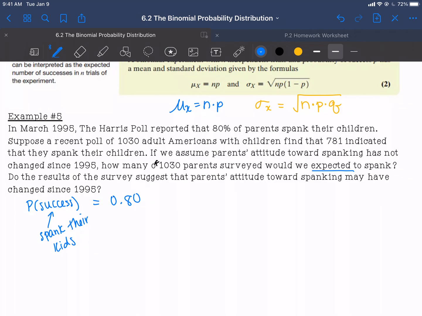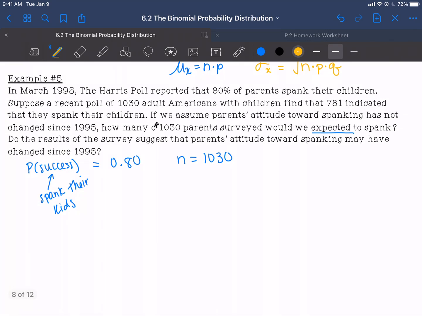And we know that n is 1,030. So to find the expected value of x, we're just finding the mean of the random variable x, which when binomial is n times p. So we're taking 1,030 times the 0.80. Type that into your calculator and you get 824. Okay.